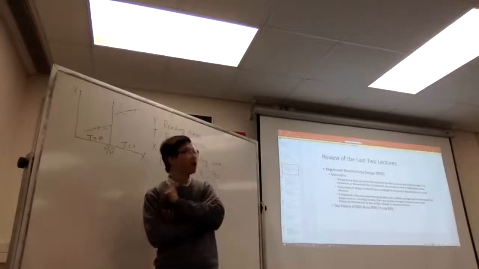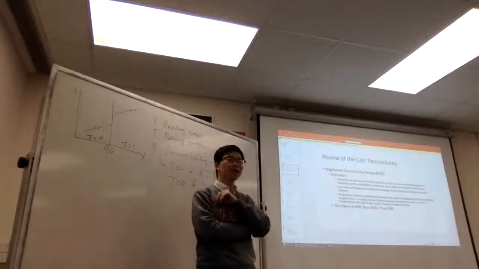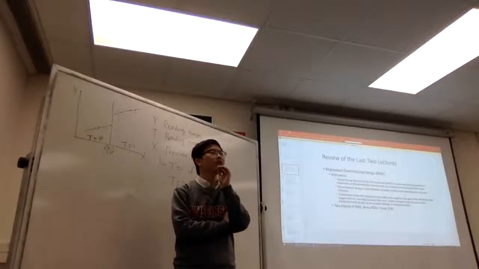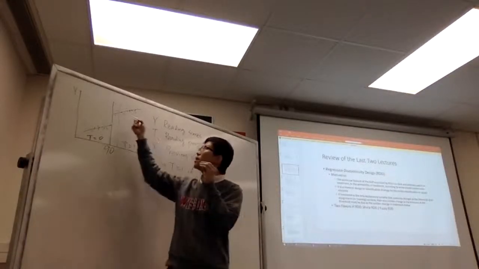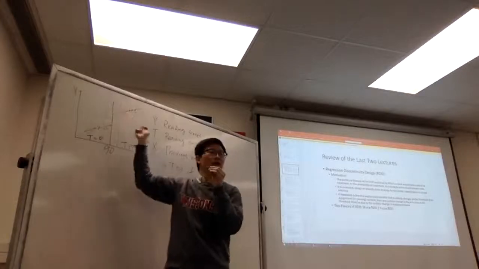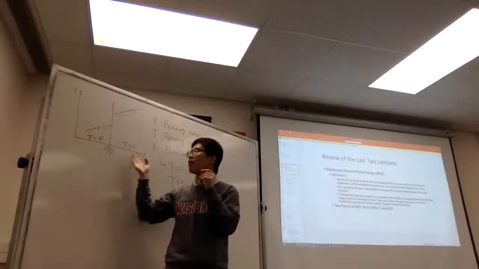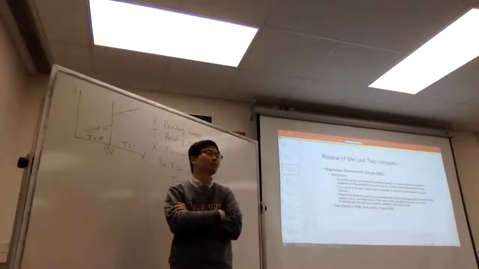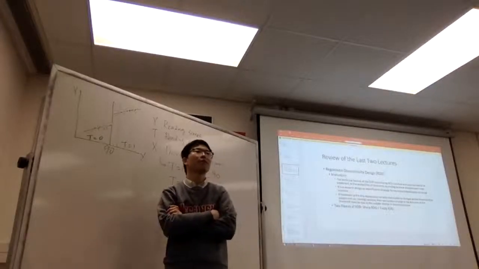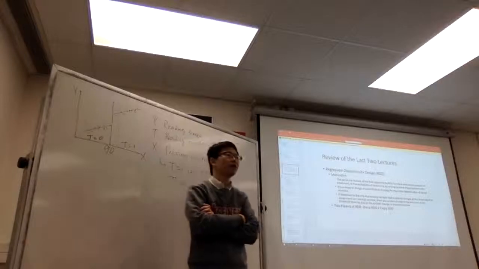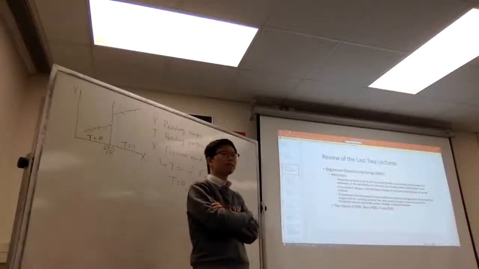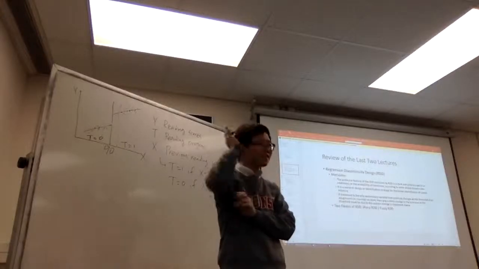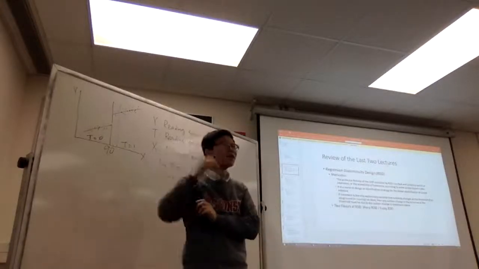On the other hand, fuzzy RDD allows some sort of exceptions. There could be some exceptions where even though they are over the threshold, they don't get the treatment. Some compliance issues going on, or there could be attritions and stuff like that, but let's not complicate things too much.